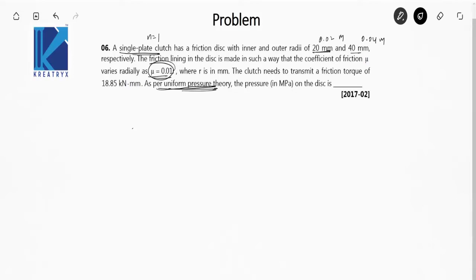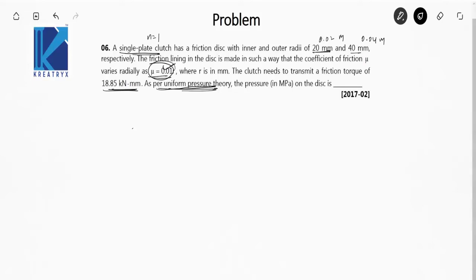As per uniform pressure theory, the pressure in megapascal on the disc is... here the coefficient of friction is varying with r, and r is in mm, so we cannot directly use the formula, we'll have to integrate it.